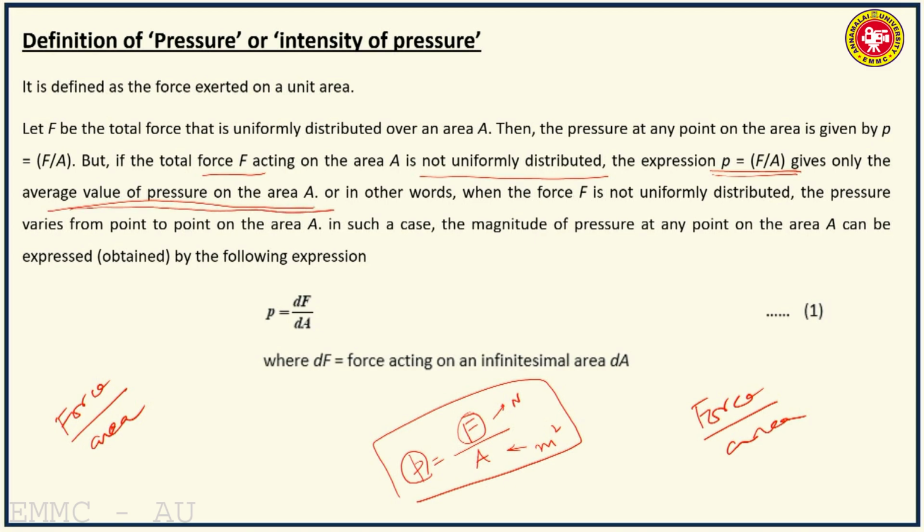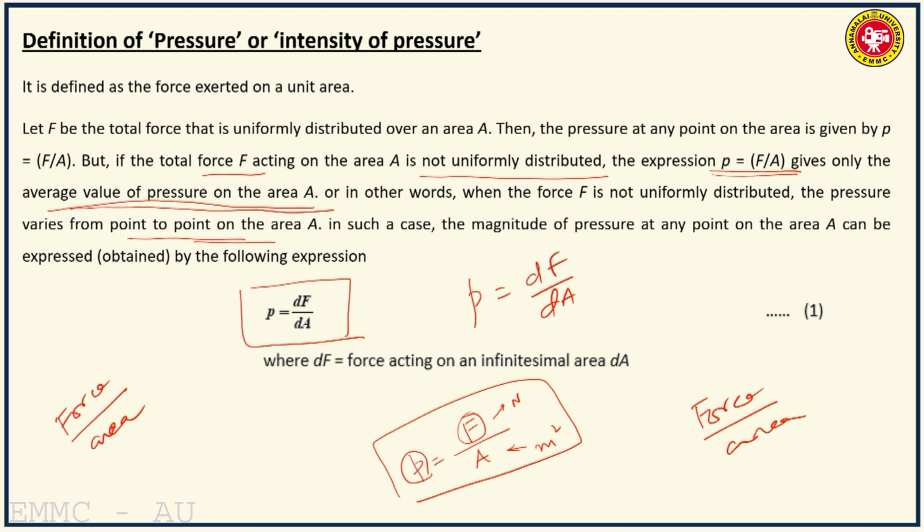Or in other words, when the force F is not uniformly distributed, the pressure varies from point to point on the area. In such a case, the magnitude of pressure at any point on the area can be obtained by this expression. p is equal to dF over dA.